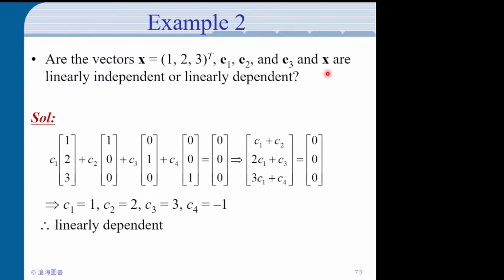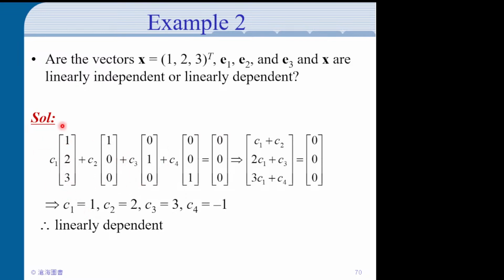And here we get a linearly dependent example. We have 4 vectors in 3-dimensional space. The first one is (1, 2, 3), and then we have the standard basis elements. Although we haven't said what a standard basis is, we have this standard spanning set: (1, 0, 0), (0, 1, 0), and (0, 0, 1), and obviously you can write everything as a linear combination of these.